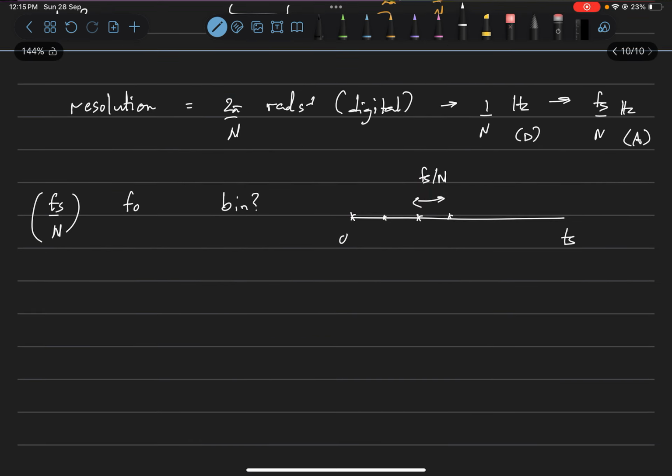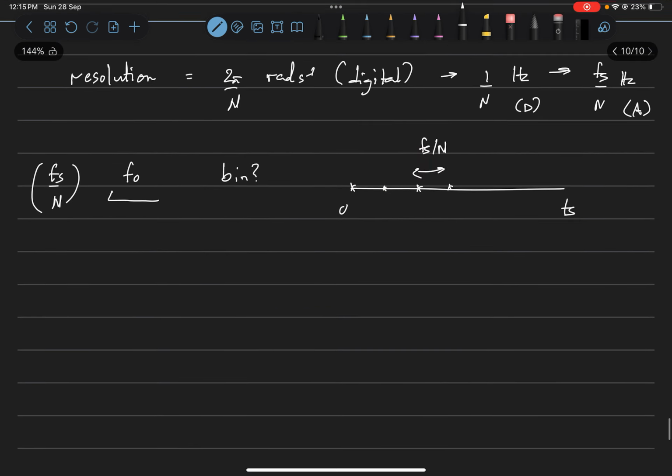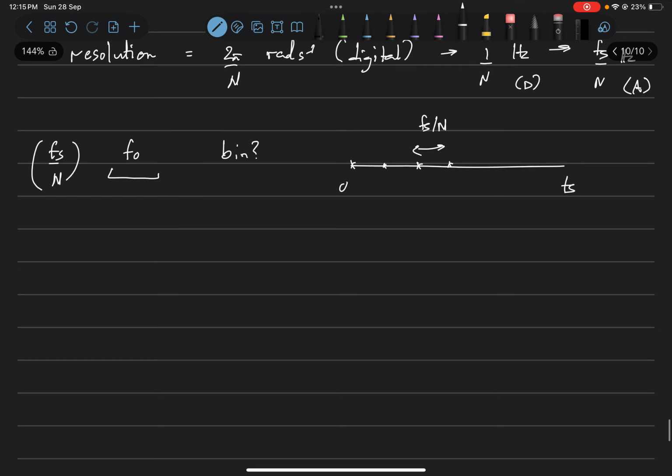But if you have a continuous frequency, let's say f0, the bin will be f0 over fs by n. So let's say your fs by n was 10 hertz and your f0 was 100 hertz, then it will fall into the 10th bin of the 256 point FFT.